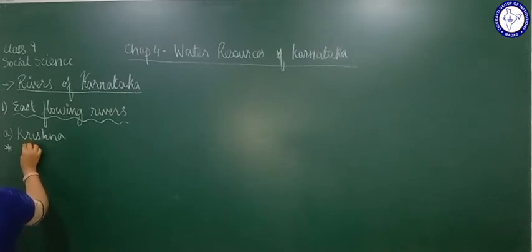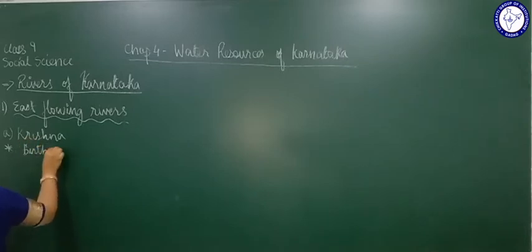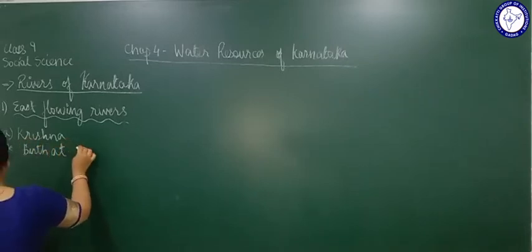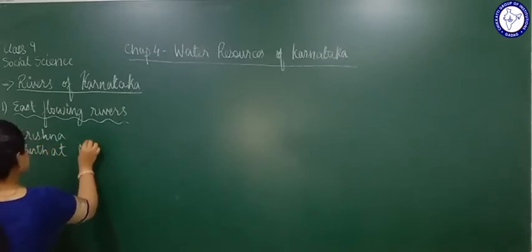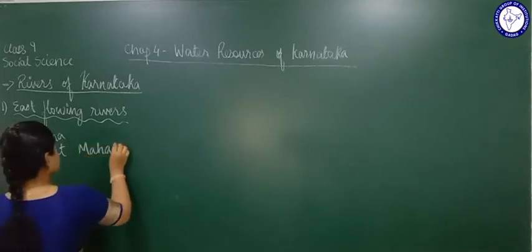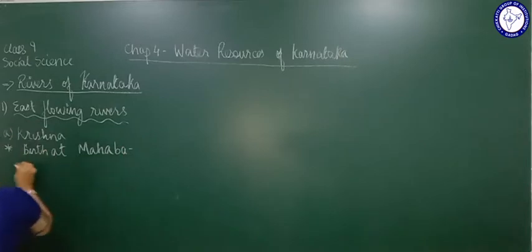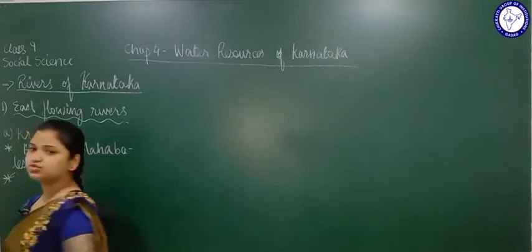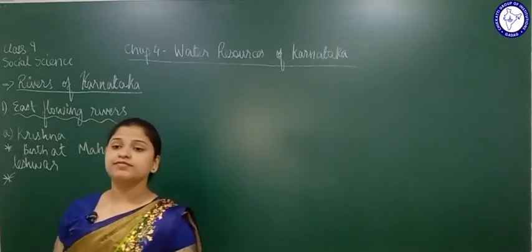At Mahabaleshwar, right? Birth at Mahabaleshwar. We will write down like this: birth at Mahabaleshwar. And from Mahabaleshwar, it will end in which sea? It will end in the Bay of Bengal.